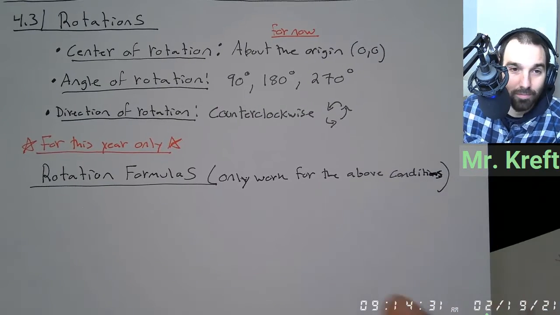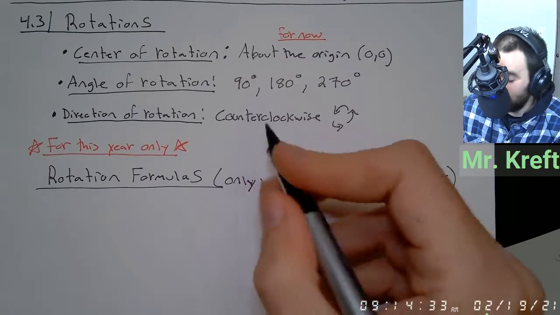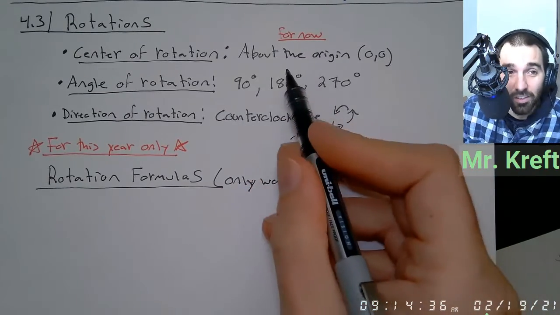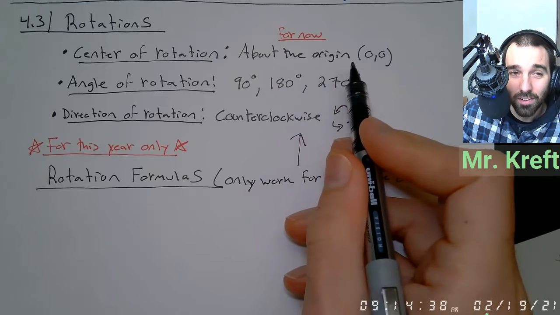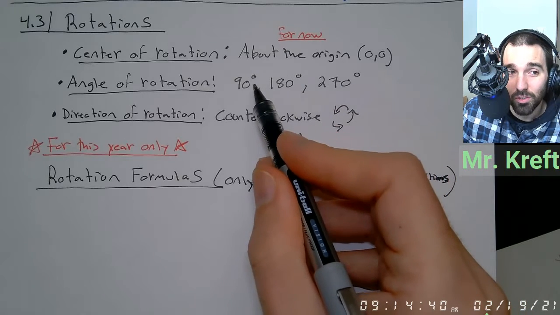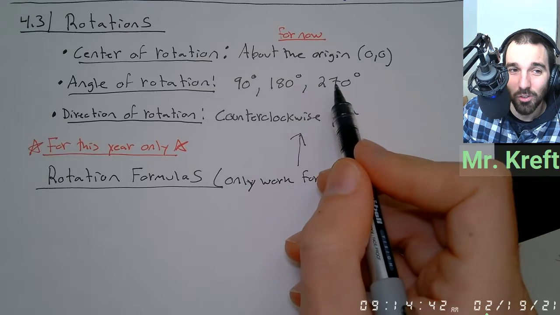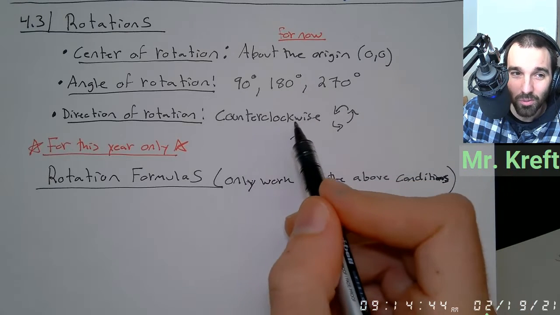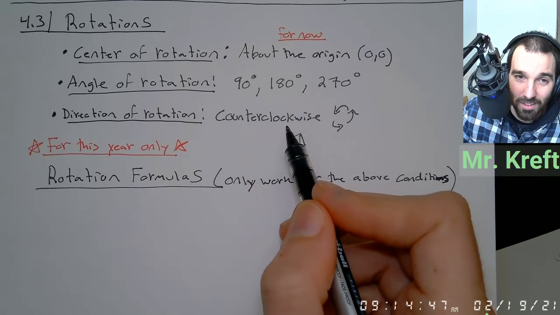Sorry, conditions turned into cursive there. So it only works for the above conditions. That is, it only works if we're rotating about the origin. It only works if we're doing 90, 180, and 270, and it only works if we're going counterclockwise.